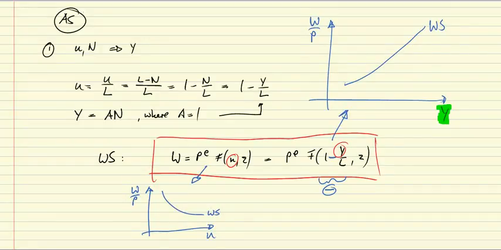So what I want to work with from now on in order to derive the AS curve is the expression in terms of output. So that's the first step, from unemployment or from employment to output in the wage setting relationship.